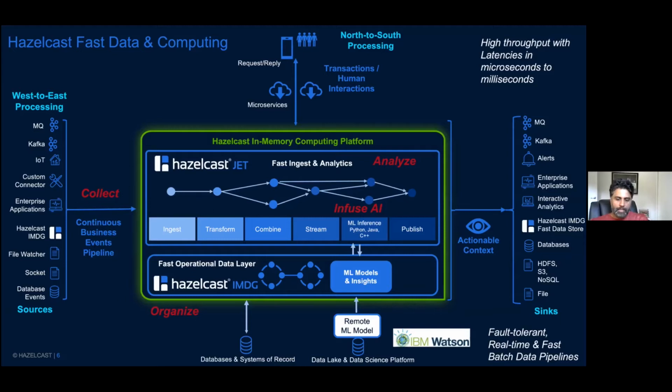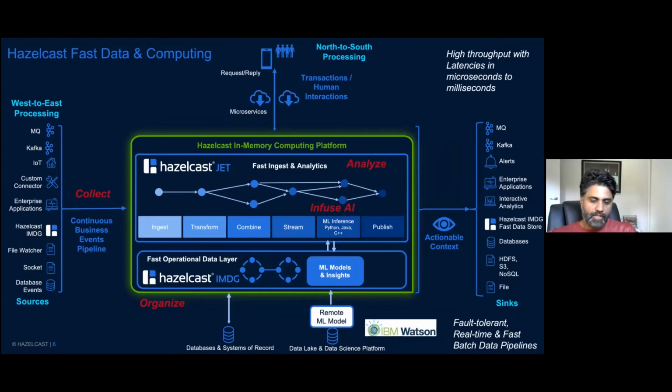Now, all this while, as you can see at the bottom of the screen, there is a database connected to it, which is also shown as the system of record, and then there is a data lake and data science platform. I'll come to that in a minute. So Hazelcast, like I mentioned earlier, can run very easily on top of a database, but Hazelcast becomes the fronting technology or data store or compute store for your application.